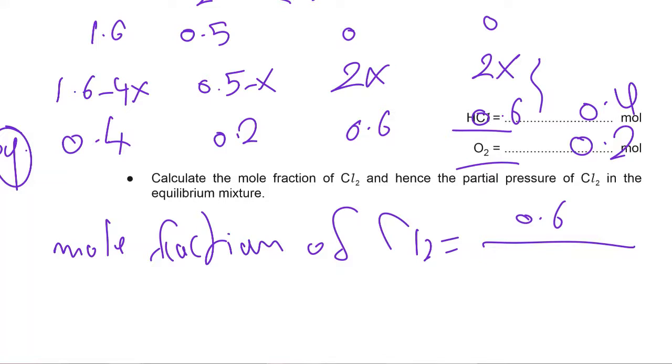So here you have 0.6 plus 0.6 is 1.2, plus 0.4 plus 0.2 is 1.8, so 0.6 over 1.8. What's the result?